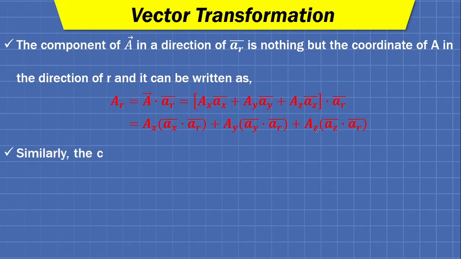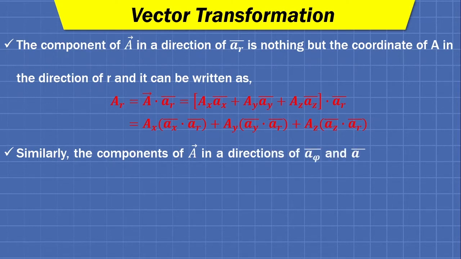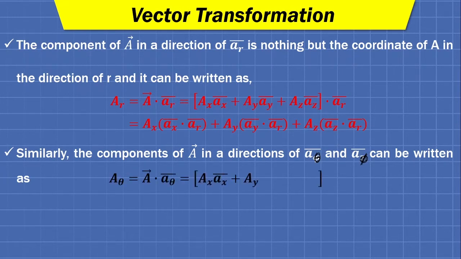Similarly, we can also write the components of A bar in the direction of a theta bar and a phi bar. So A theta is nothing but A bar dot a theta bar.